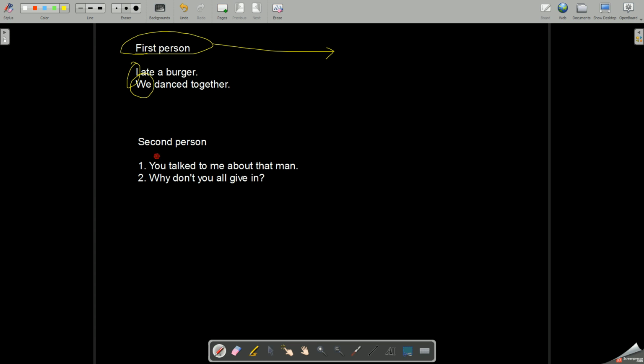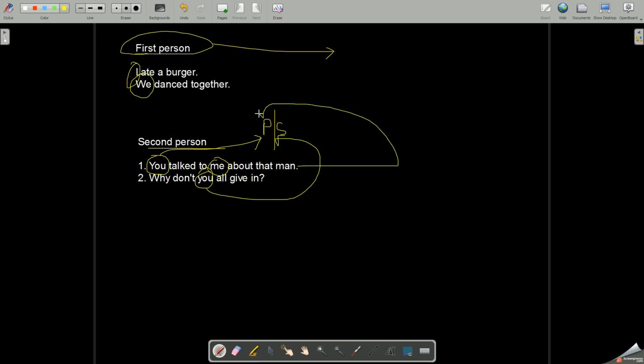So over here you can see when I say you talked to me, me acts as an object. So you becomes what? Pronoun of the second person. Why don't you all give in, or why don't you give in? Both are considered as plural as well as singular. In the first statement, of course, we are talking about singular, and in the second we are talking about plural.